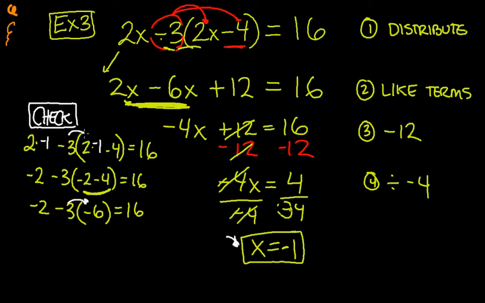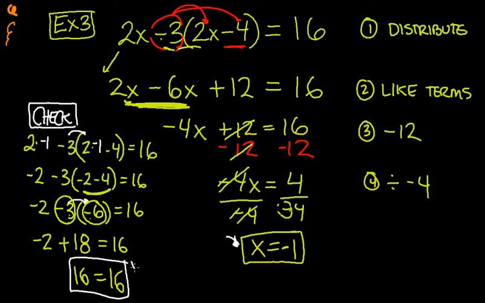I could have done it way back in the beginning, but I didn't want to mess up the sign. So I got negative 2, negative 3. Remember, we're treating this whole thing as a negative 3 and a negative 6. Negative 3 times negative 6 is positive 18. And now I can finally add the negative 2 and the 18 makes a 16. That does, in fact, equal a 16. So yay, we checked. It was good.